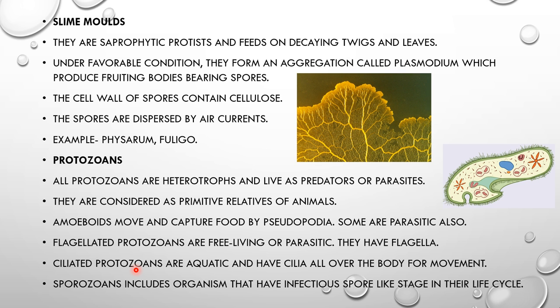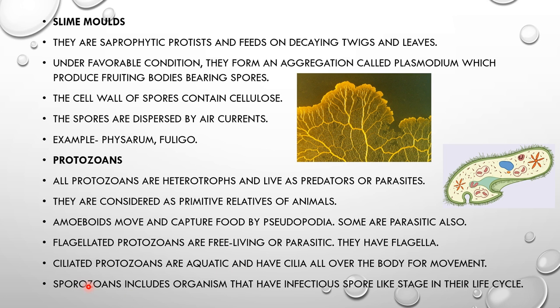They have a cavity that opens to the outside of the surface, and the coordinated movement of the rows of cilia cause water laden with food to be directed into it. The example is Paramecium. You can see this is the structure of the Paramecium, and you can observe how many cilia are present on its surface.